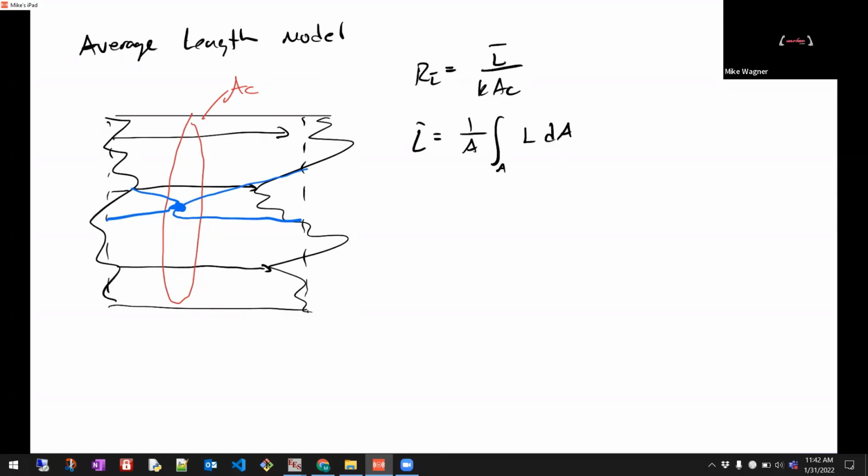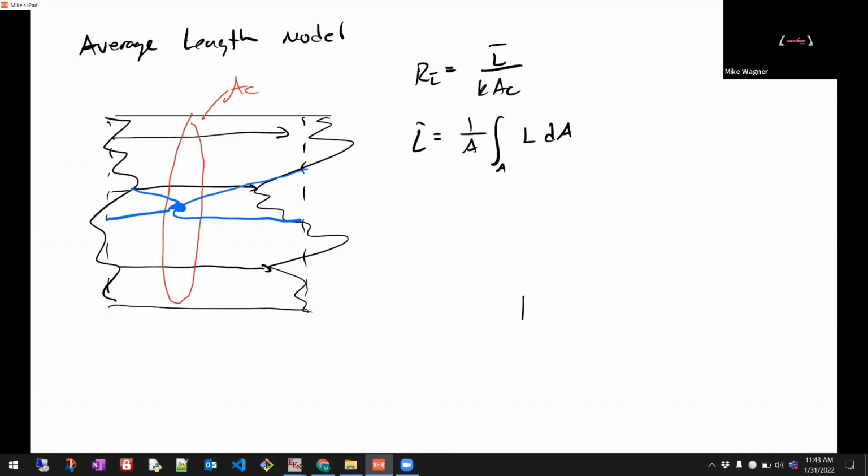Heat will just flow through the path of least resistance. It's just going to go right through that 0 point of resistance. So the fact that you've got this average length, that's great, but it doesn't give you a good indication of what the actual heat transfer is going to be, right? So there are limited circumstances where this is okay. Again, maybe if the lengths are all about the same order of magnitude, it's okay, but it's important to understand what you're actually doing when you use these different models and how they relate.